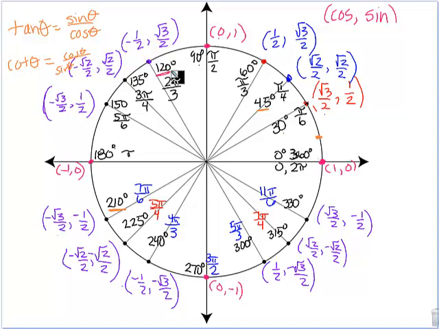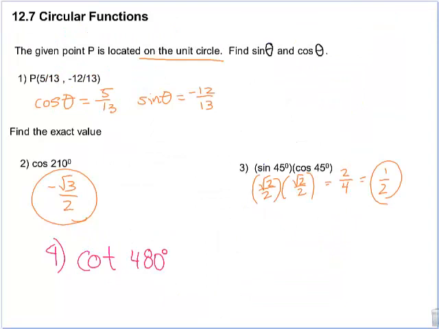So we're actually looking at 120 degrees. What's your cosine value there? Negative 1/2. And what's your sine value? Square root of 3 over 2. So your cotangent would be the cosine value, negative 1/2, over the sine value, square root of 3 over 2.